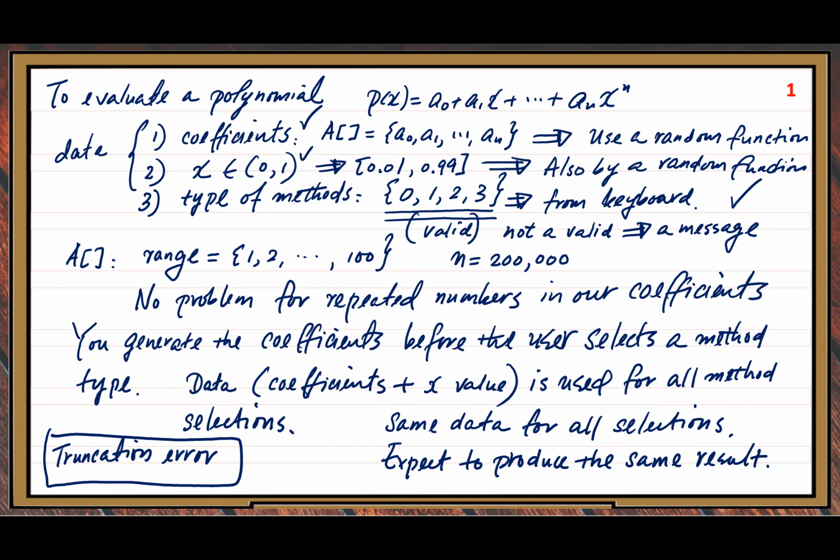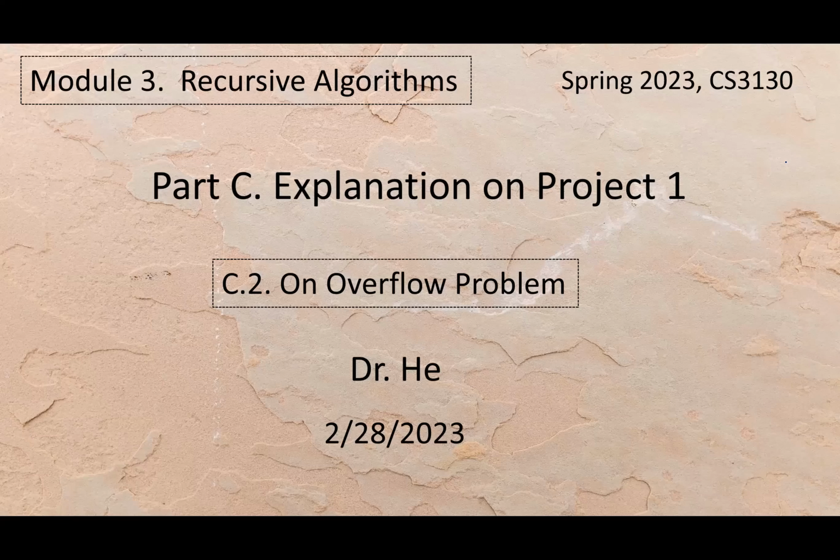So here, just to let you know the details, how much detail we need to cover. That's the first question. Second question is on the overflow problem. One student asked me if the implementation causes any overflow.